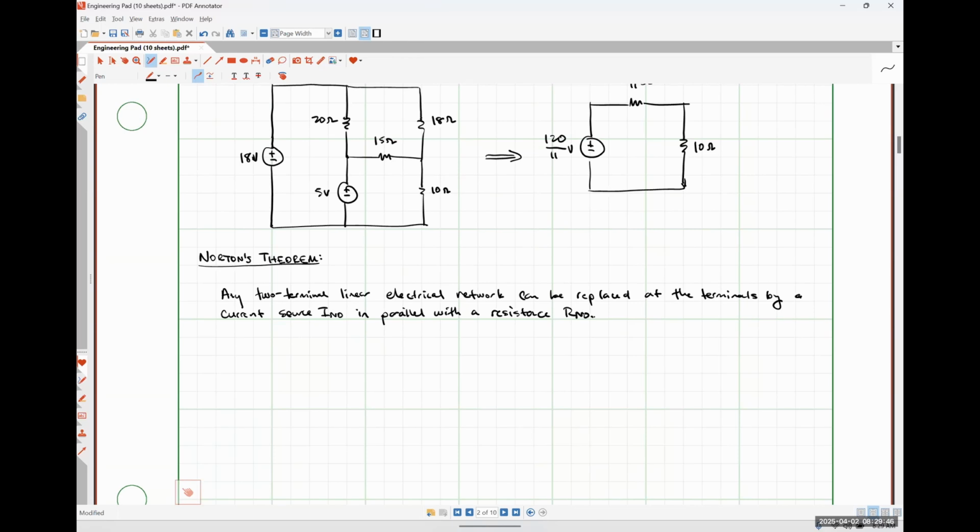Once again, since we learned on Monday that a practical current source is just an ideal current source in parallel with a resistance, Norton's theorem is essentially just saying, I can make any two-terminal network look like a practical current source.